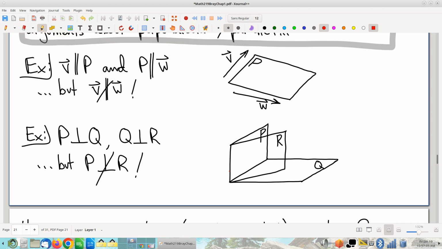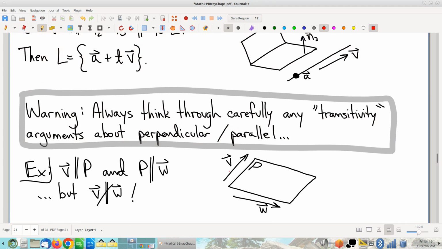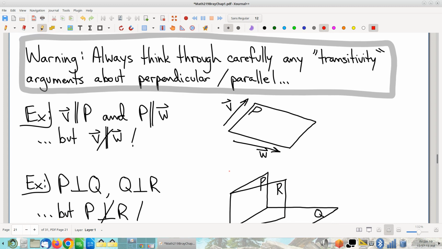You can cite transitivity rules, you just have to be right. I can't document them all. But if part of your argument effectively says that this and this imply this, and that's wrong, it just doesn't work. So heads up, it's on you. Think it through. Make sure that you're right before you use such an argument. Okay, pausing. Questions? Is everybody happy?